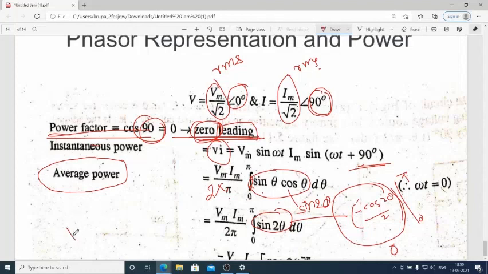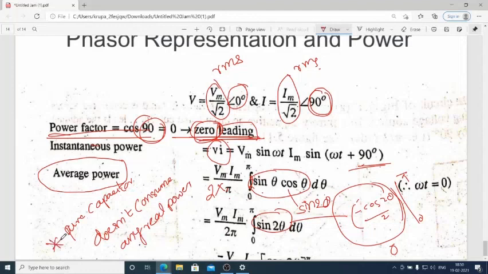The pure capacitor does not consume any real power. Please make a note of this. Thank you for watching.